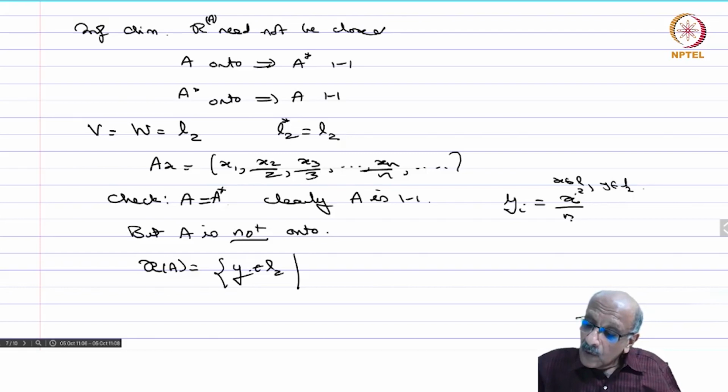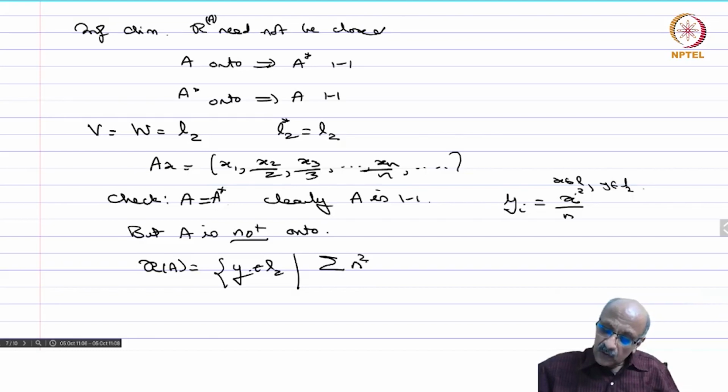So xi is n times yi, so the sum of n squared yi squared should also be finite. This is a very stringent requirement. So this is the range of A, and this is not an onto map. You can also check that the range is not a closed set. With this we complete this chapter, and we will do some exercises next.